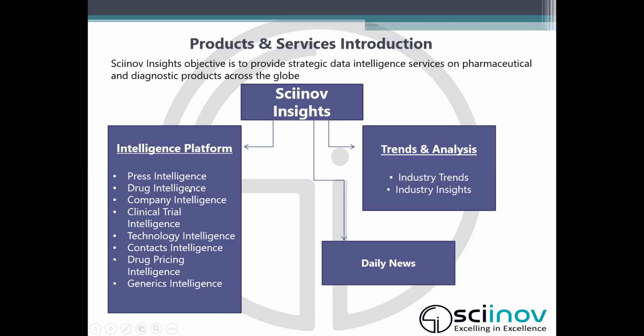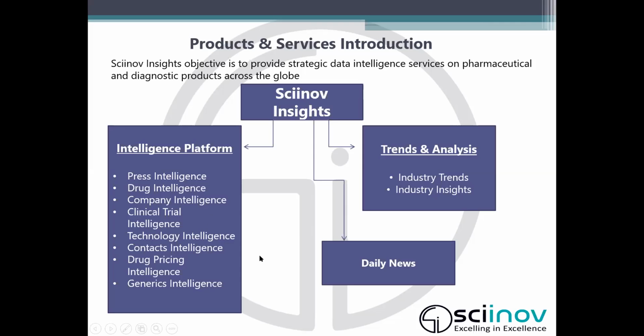And also drug intelligence includes more than 40,000 drugs within the database to showcase the coverage of your data interest. Company intelligence provides how many public or private or specialized companies by headquarter, so we can provide that within a few simple clicks.